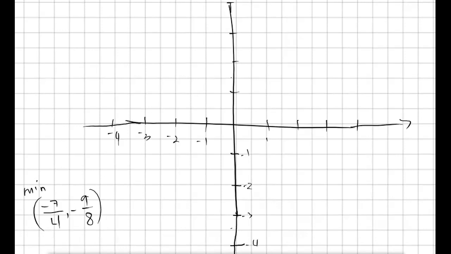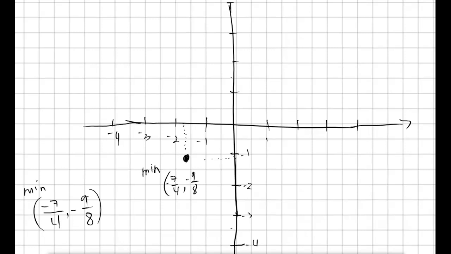Okay, negative 7 over 4, that is going to be 1 and 3/4. Negative 1 and 3/4. So that is somewhere here. And negative 9 over 8 is 1 point something. So here. So our vertex is here, or the minimum. Negative 7 over 4 and negative 9 over 8. Okay, and it opens upward.